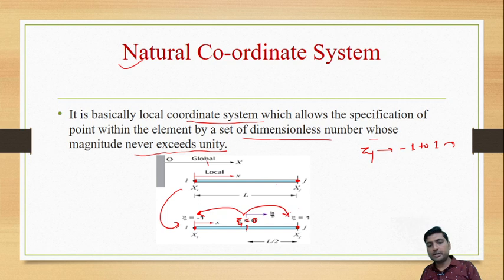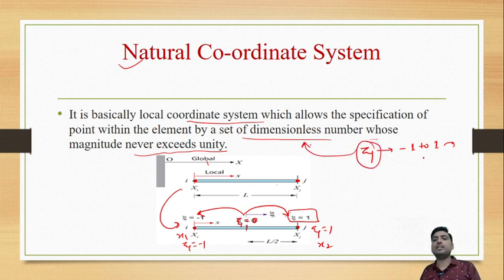If we move in the plus x direction, zeta will be 1 at x2, and zeta will be minus 1 at x1. This is x1, this is x2. This is just a representation of the element in terms of natural coordinate system. So the natural coordinate system consists of a function that is dimensionless and whose value never exceeds unity.